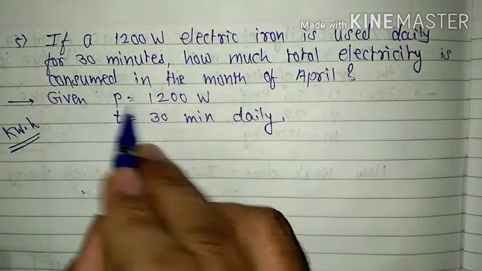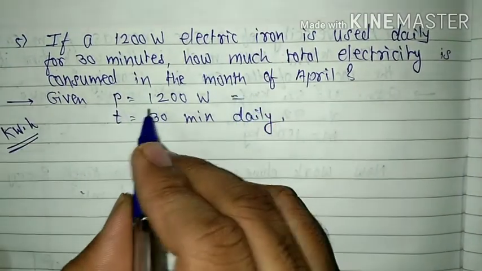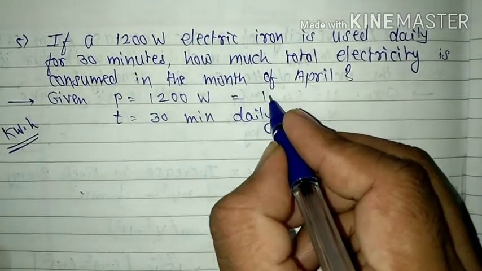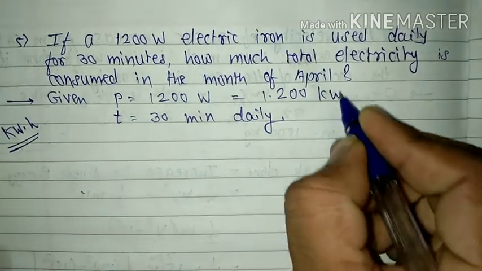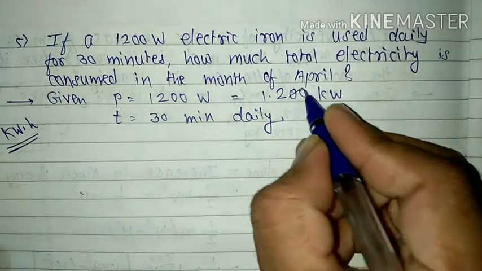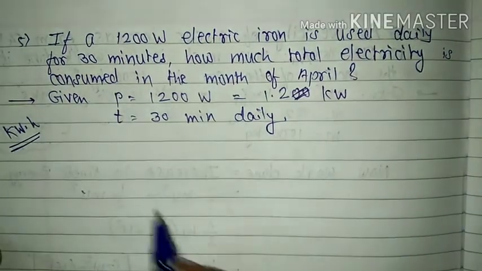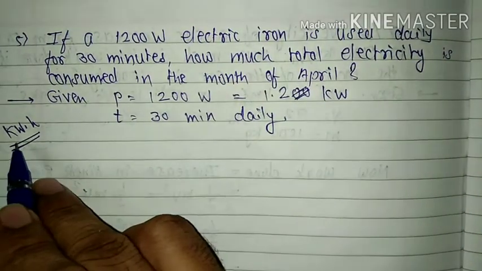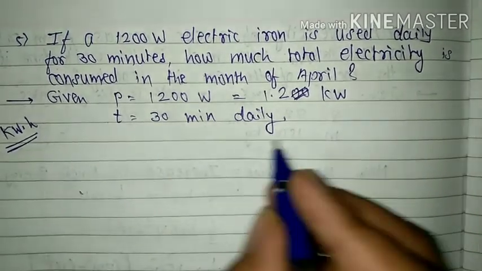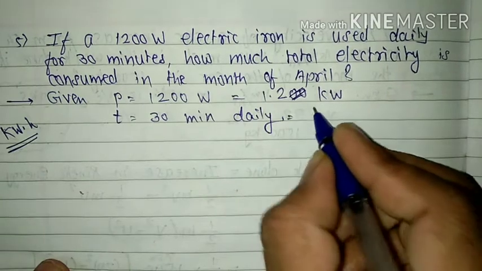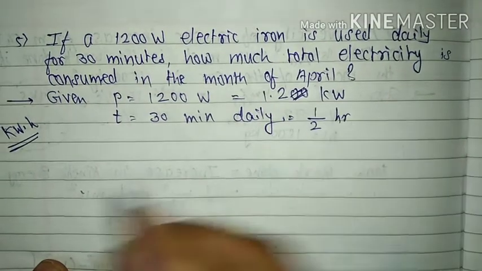So let us convert power into kilowatt. 1200 watt, that means 1.200 kilowatt or 1.2 kilowatt, just divide by 1000, because 1 kilowatt is equal to 1000 watt and time is 30 minutes daily. That means it is half hour daily.